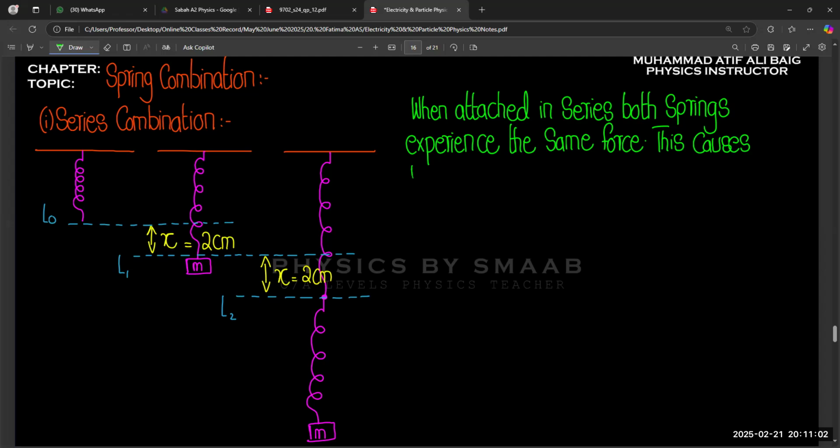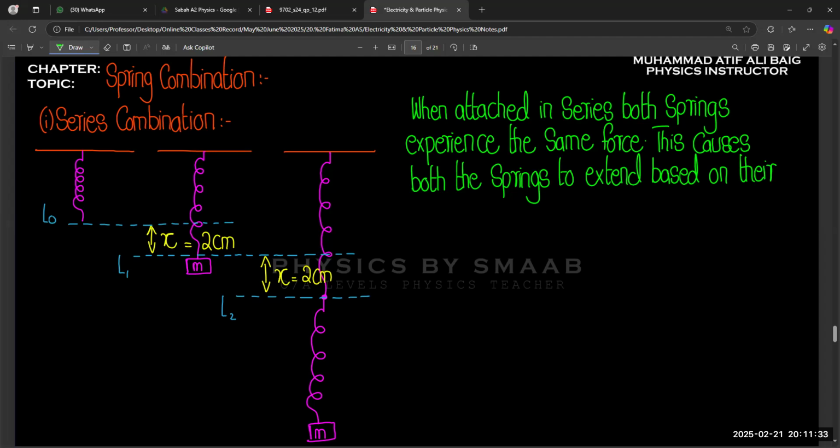This causes both the springs to extend based on their spring constant.